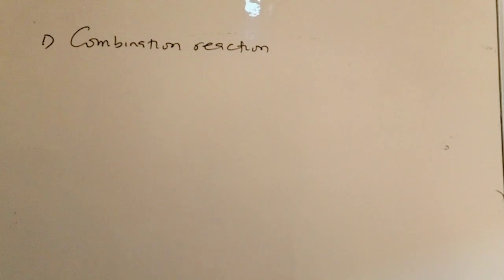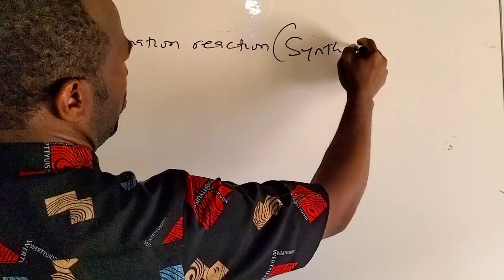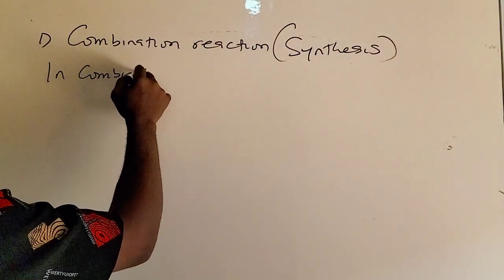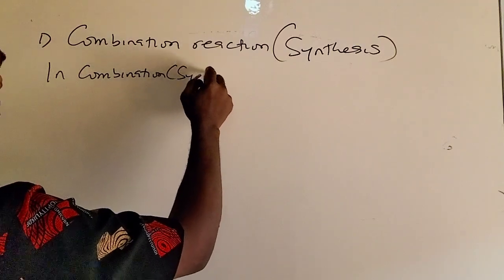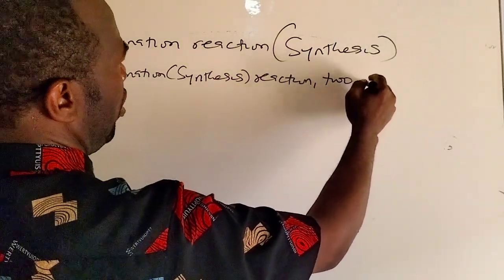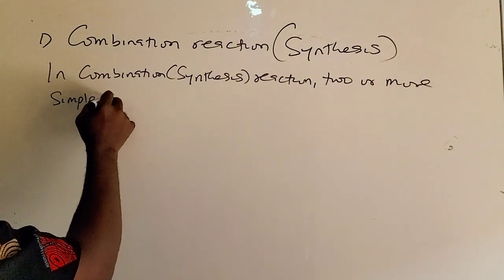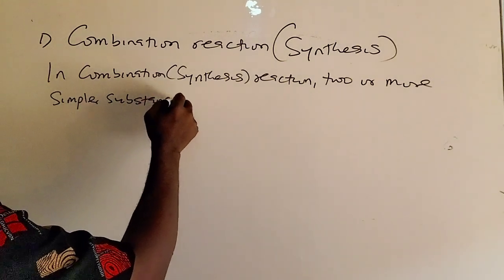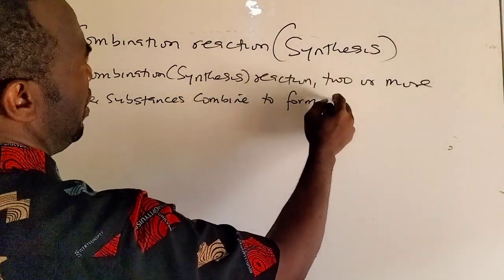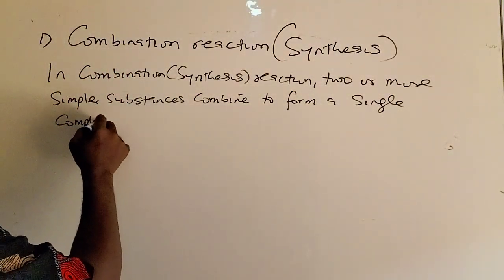So the first one we have on the board is combination reaction, otherwise called synthesis reaction. In combination or synthesis reaction, two or more simpler substances combine to form a single complex product or substance.